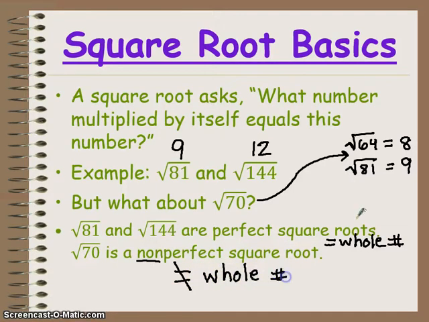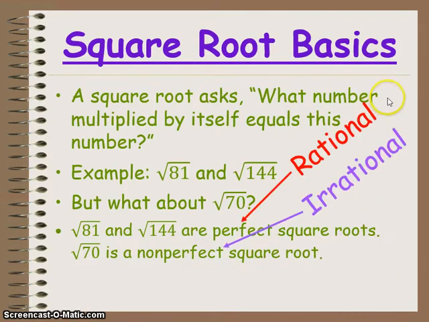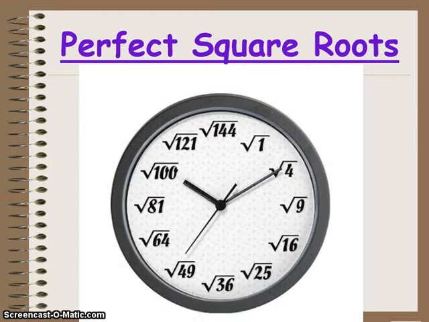It's somewhere in between these two. Knowing this will help you determine whether it's rational or irrational, because remember, perfect square roots are rational and non-perfect square roots are irrational. If you know the first 12 perfect square roots, it can help you to figure out the non-perfect ones.